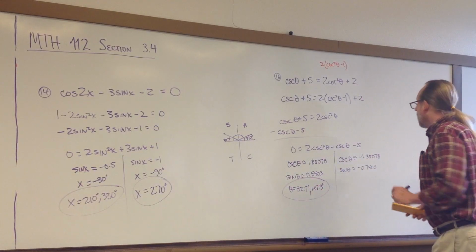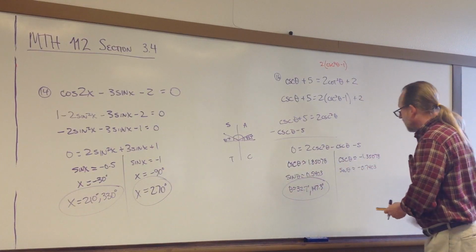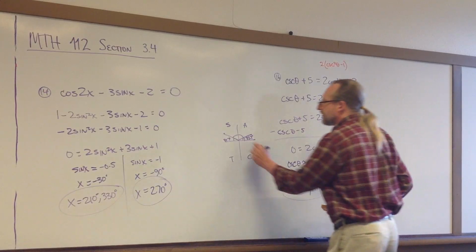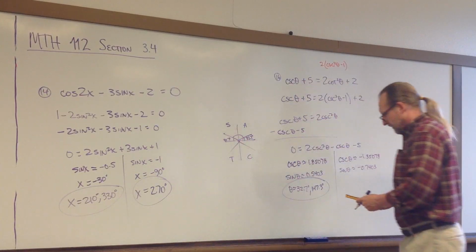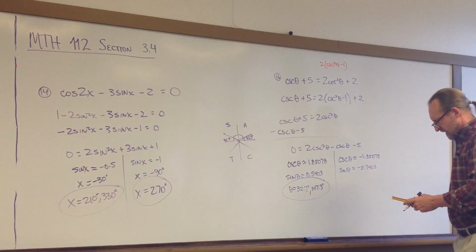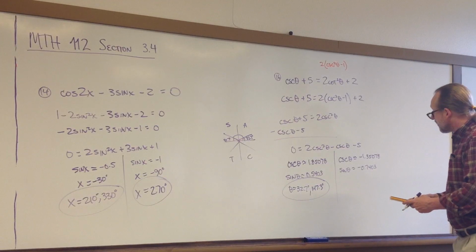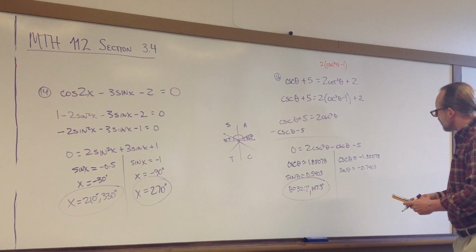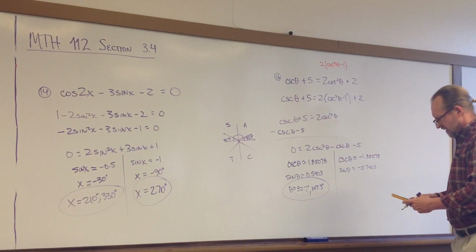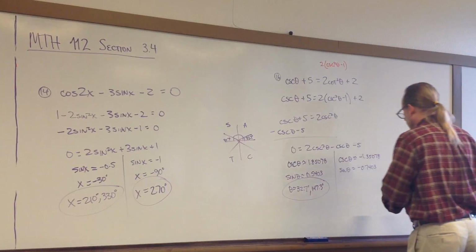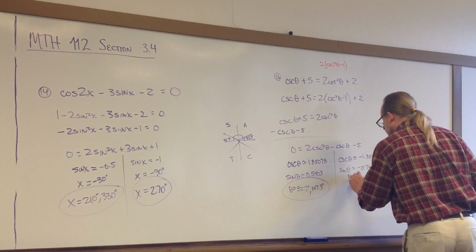Okay. This one here with the negative sign is going to show up in the third and fourth quadrants. So let's see here. Inverse sine of negative 0.7403, negative 47.8 degrees.